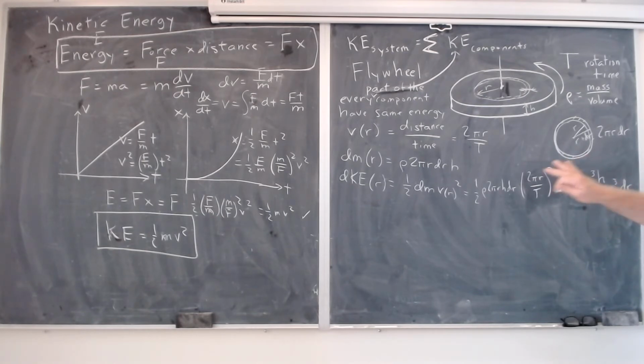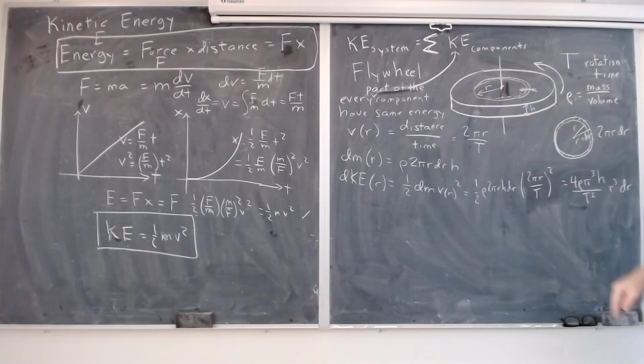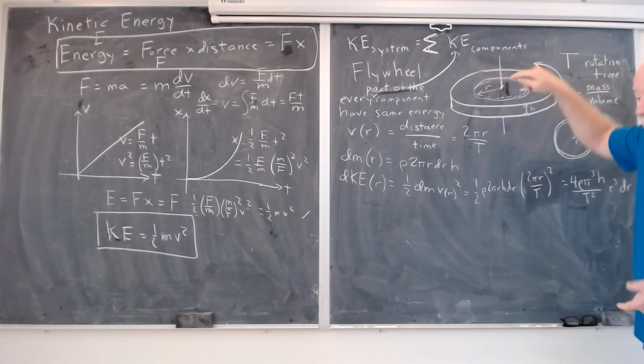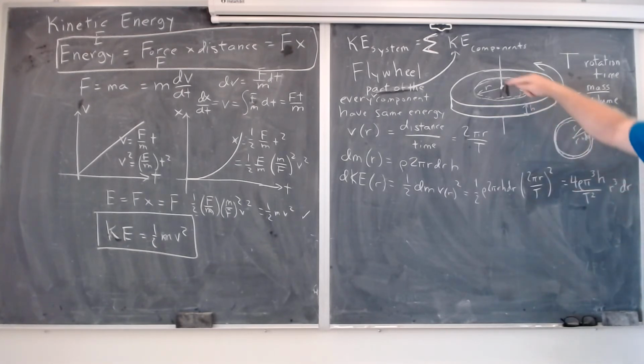What I've just calculated for you is this shell. You need to imagine the rest of the flywheel is gone. All I have is this shell. It's like an empty tin can spinning there. If my flywheel simply consisted of an empty tin can spinning, I wouldn't have to do any integral.